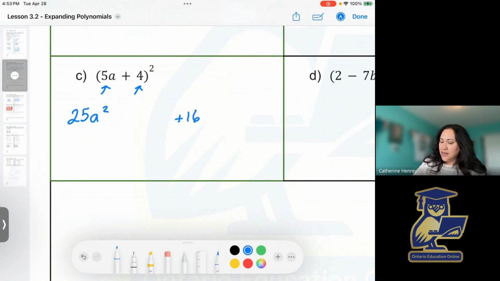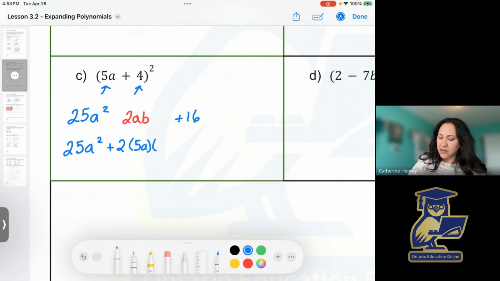Now, what has to happen in the middle is it has to be 2 times a and b. That's what has to fit in the middle. So a is 5a and b is 4. So knowing that pattern, we would have 25a squared plus 2 times 5a times 4 plus 16.